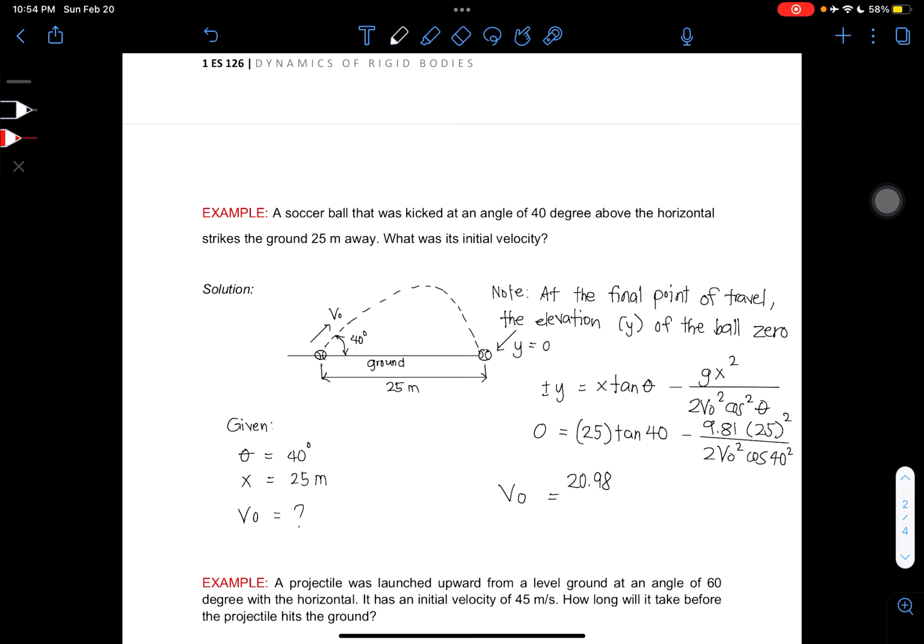So we have here 20.98 multiplied by the 2 V0 squared. What is the cosine of 40 squared? 0.587.